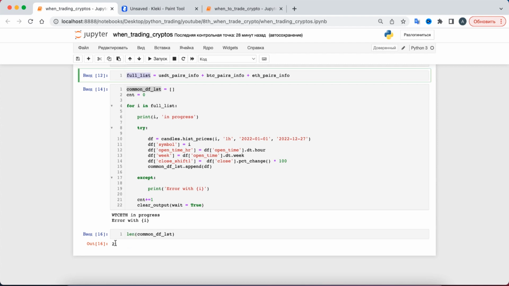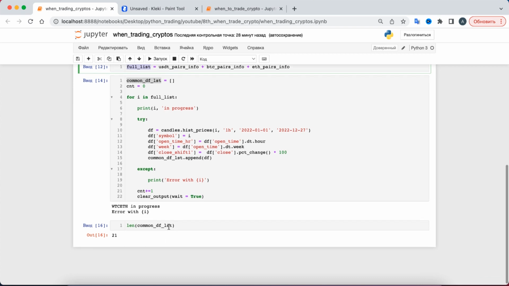You can pay attention that we don't have 9 data frames, maybe because Binance doesn't have enough data for these assets, because we want to have data for almost 1 year. Maybe some assets don't have enough data, and it can be a reason why we didn't receive enough data here.